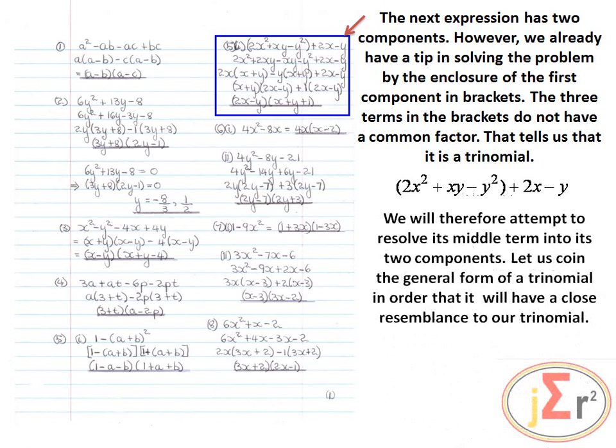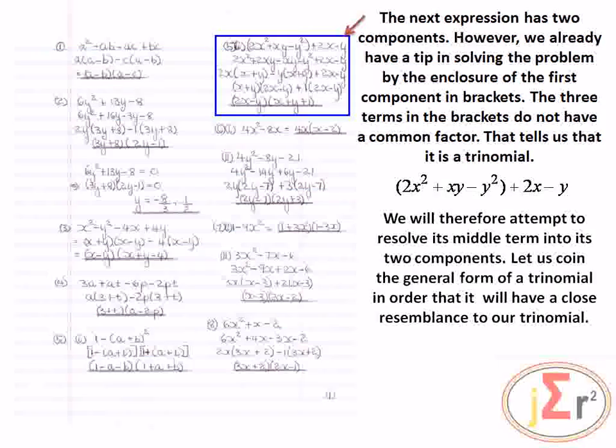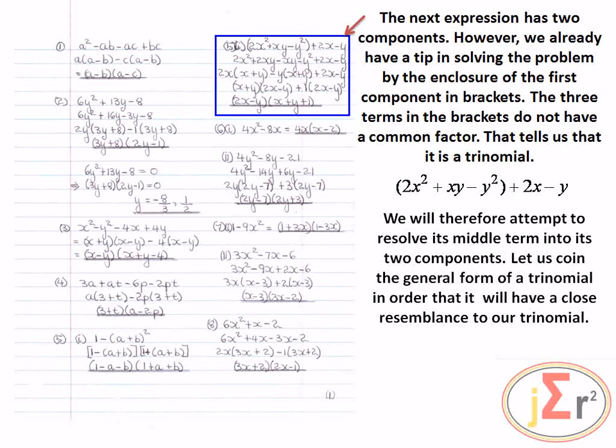We will therefore attempt to resolve its middle term into its two components. Let us coin the general form of a trinomial in order that it will have a close resemblance to our trinomial. And we know that generally we say that it is ax squared plus bx plus c. This trinomial is a bit different because it does not consist of x alone.